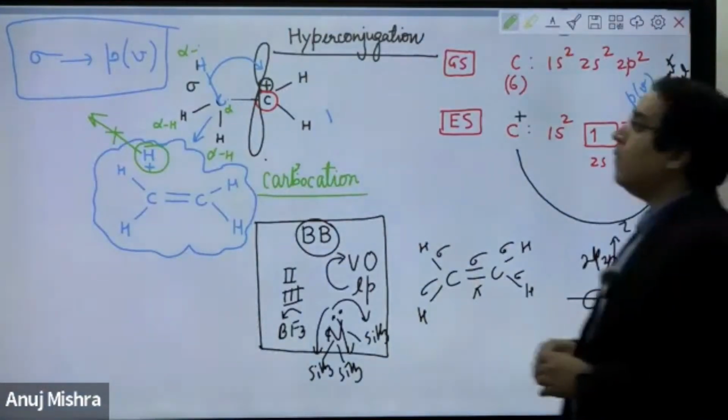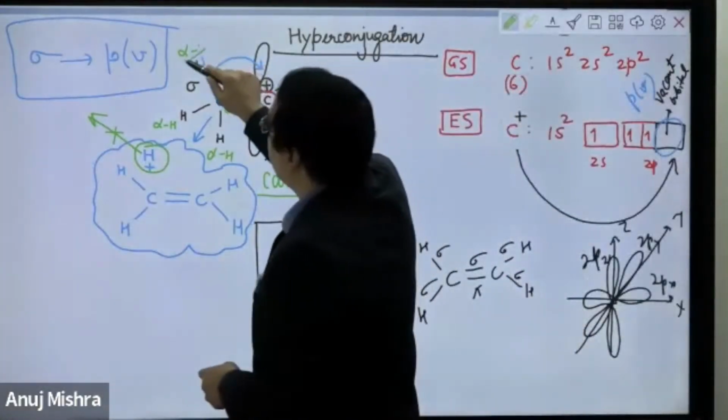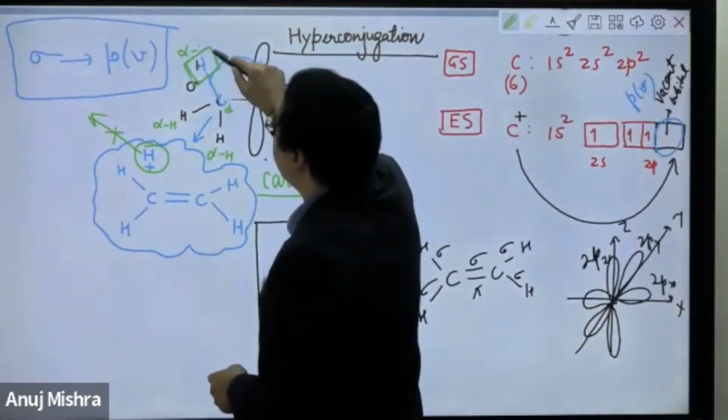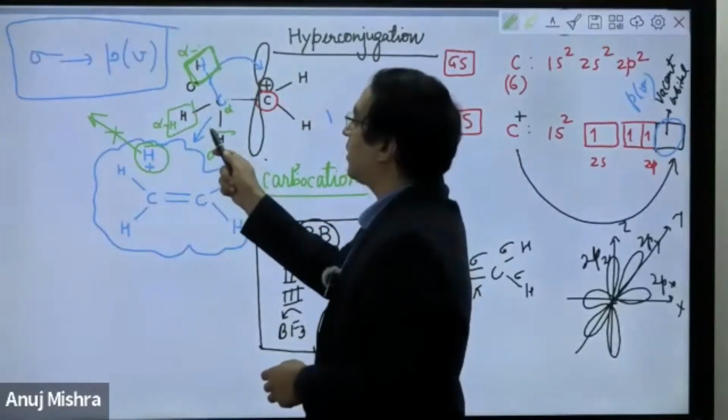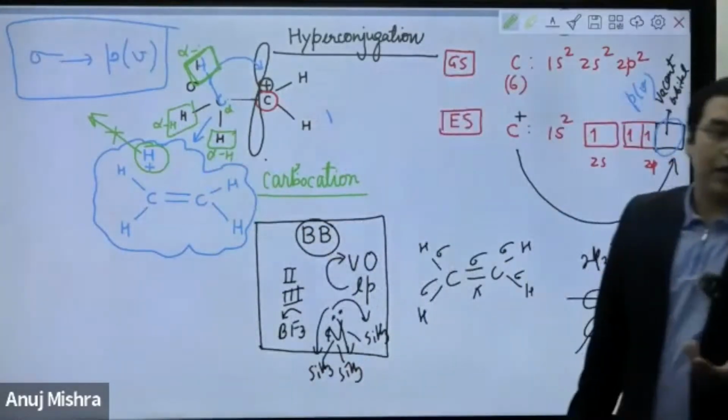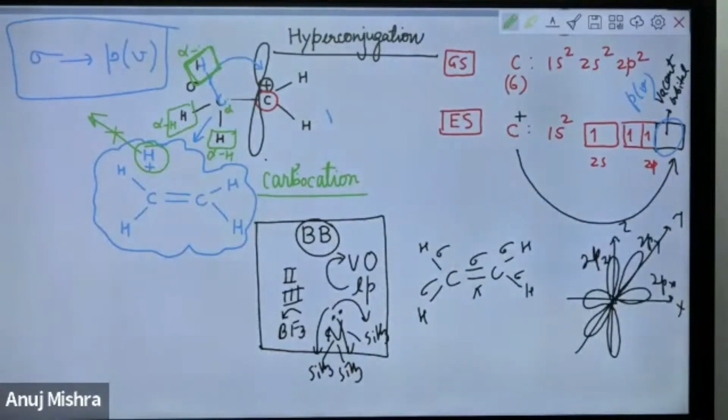So in this case, how many such hydrogens do we have which have this capability? One is this. Of course, the other can be this. And the third can be this, right? These three are equally placed.